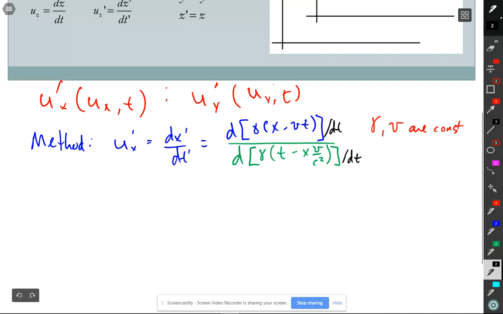So now I want you to apply that same technique to find uy prime equals.